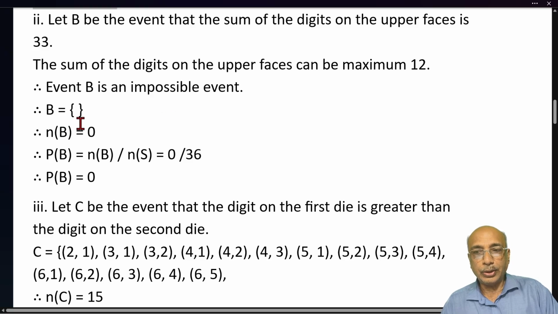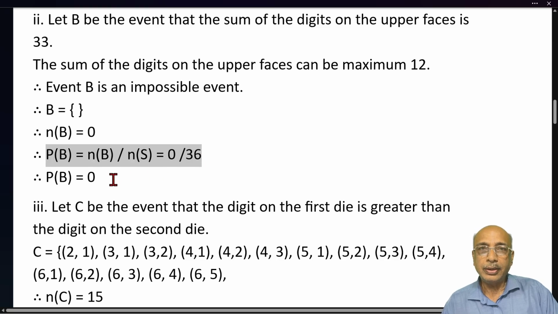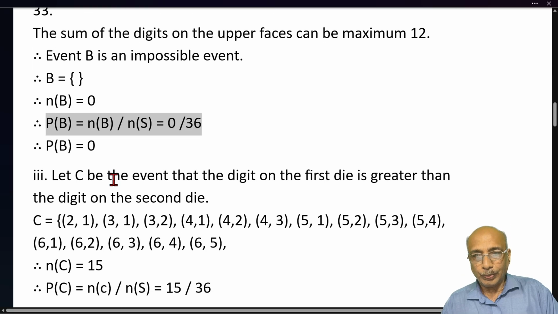Therefore, B equals the null set. Null set means empty set. We write it like this, curly brackets with no term in it. Therefore, N of B equals 0. Therefore, probability of B equals N of B upon N of S equals 0 upon 36. That is, the probability of that event is 0.